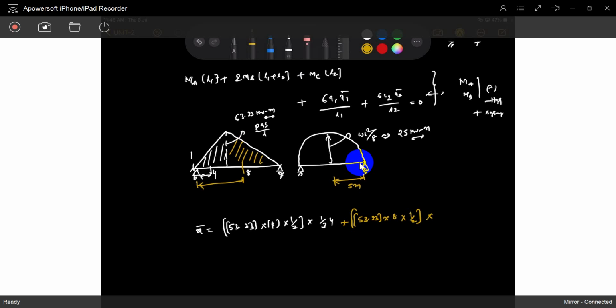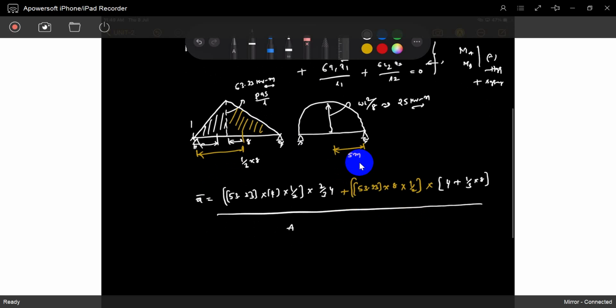So sorry, first one is not 1/3. It's 2/3 of 4. So second one, what is the distance? Distance is 1/3 of 8. Understood? So 4 plus 1/3 of 8. That is the centroidal distance, divided by total area. You will get centroidal distance.